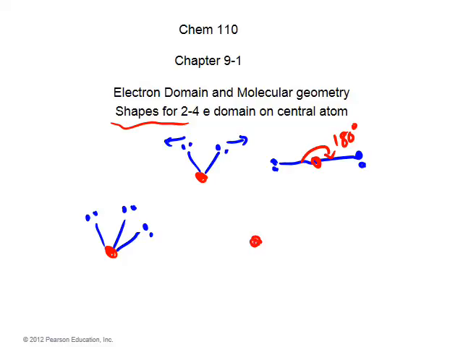Let's have the central atom, and then I'm going to write down three pairs of electrons. You can try it at home. This is the only way you can get electron pairs farthest away from each other because they repel each other. So the best geometry due to electron pairs has a 120 degree angle. Each of these angles would be 120 degrees, and the name of the shape is trigonal planar. Now keep in mind, these are shapes due to electron pairs. Nothing has been bonded yet.